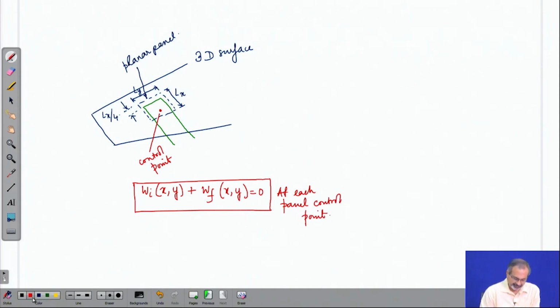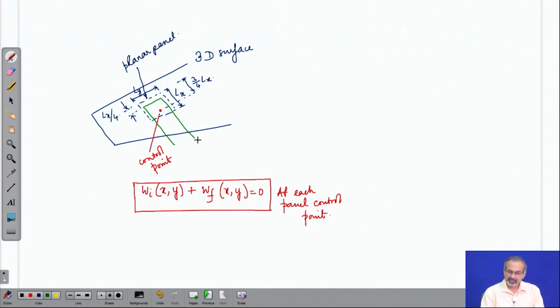So, as we said, this will be located at 3/4 Lx from the leading edge of the panel. So, this gives you one of the horseshoe vortices, and of course, this will have a certain strength which has to be worked out.